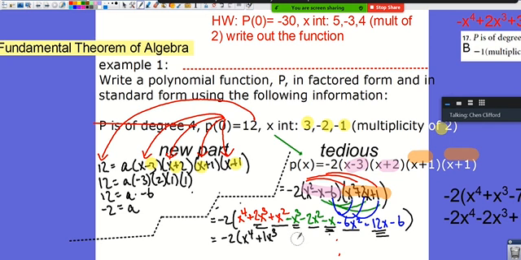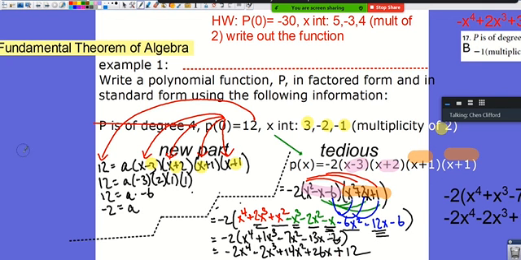The squareds become -7x squared. The x to the power 1s become -13x minus 6. Close the parentheses, and then finally you just distribute the -2. Okay, done.